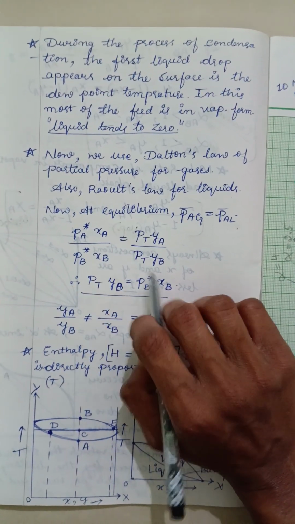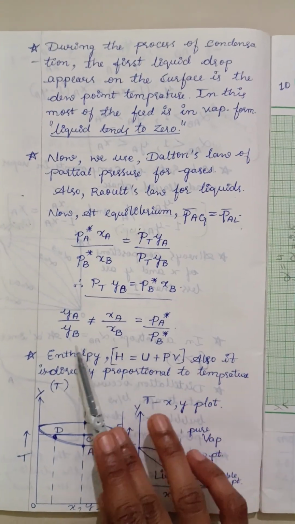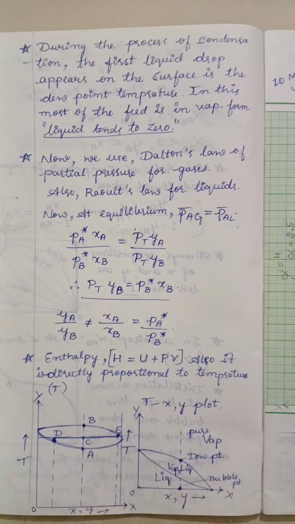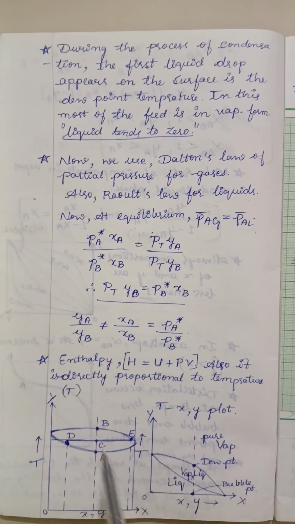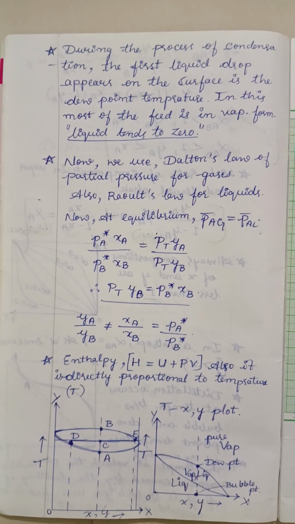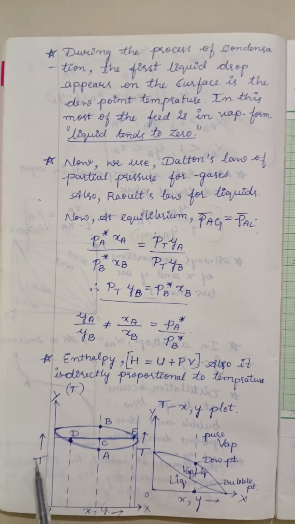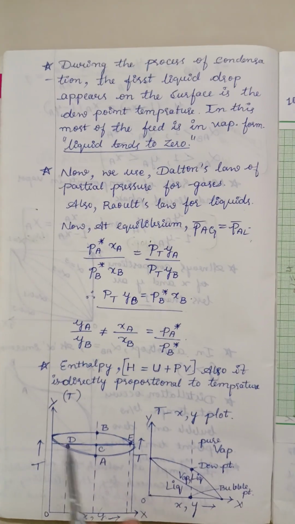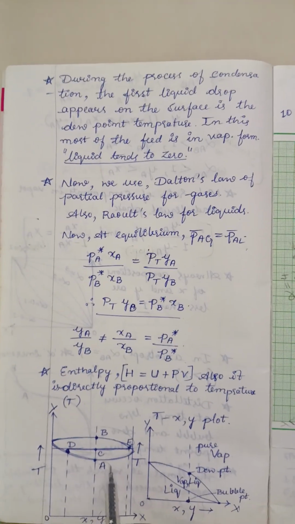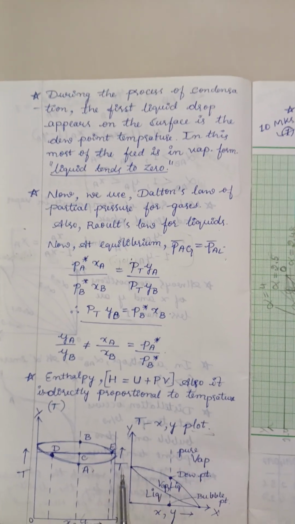We equate these again in ratio form and simplify further to get this equation. Here again we consider the components x and y as mole fractions, with temperature on the y axis, and we get a graph like this as a curve. Again we get a T-xy plot here.